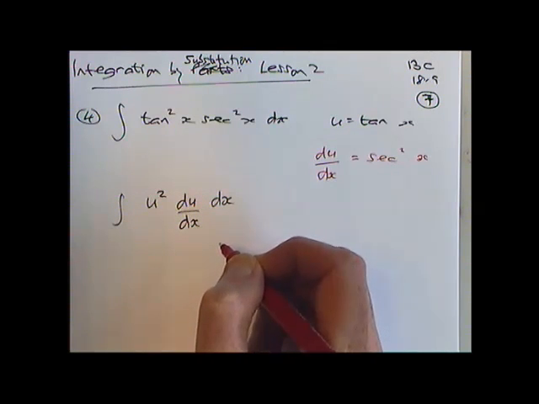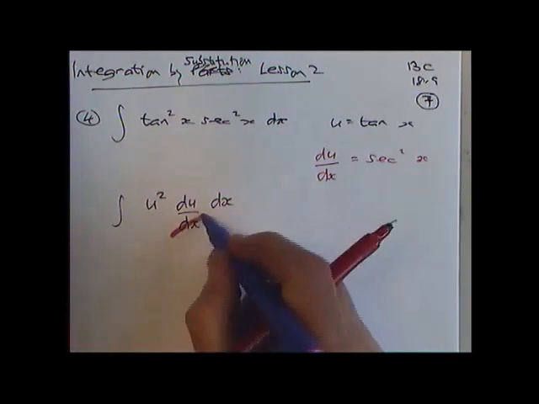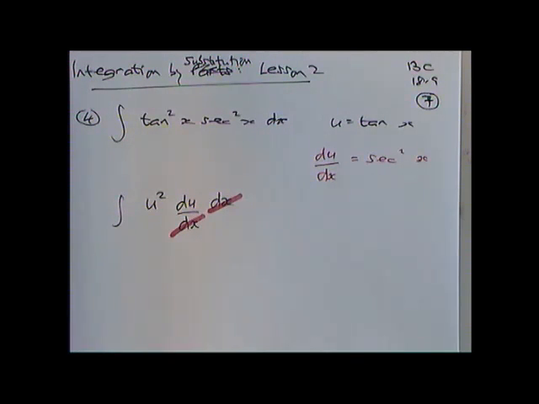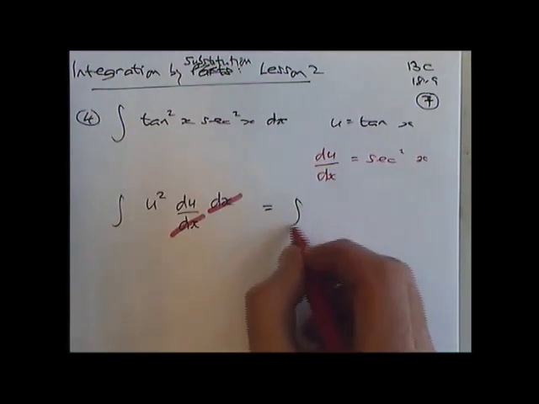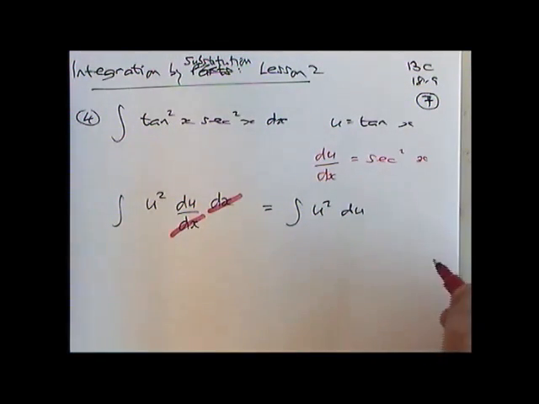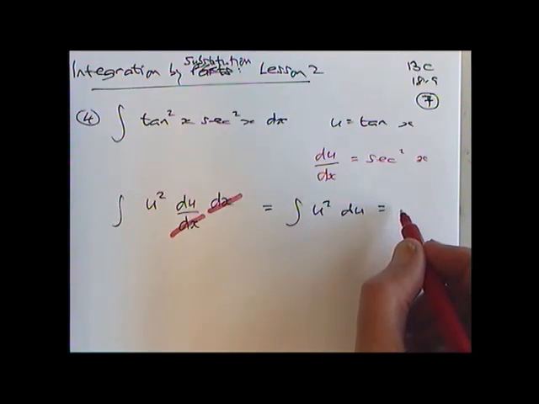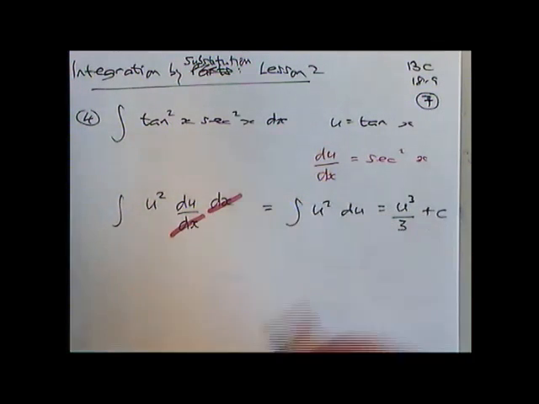What can I do immediately at that point? Cancel the dx's. So my integral becomes just the integral of u squared du. What's the integral of u squared with respect to u? U cubed over 3 plus c, done the integral. Don't forget to put the plus c bit down.